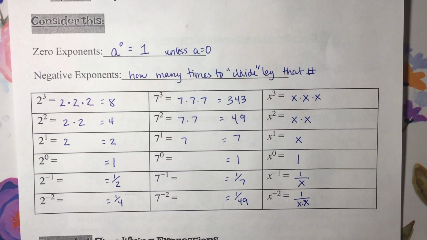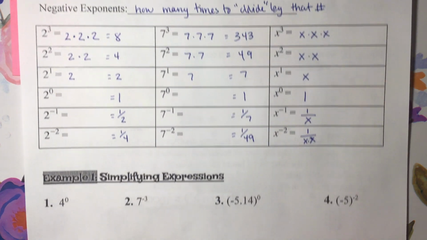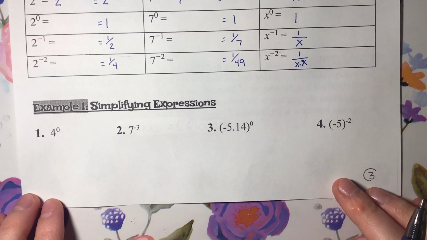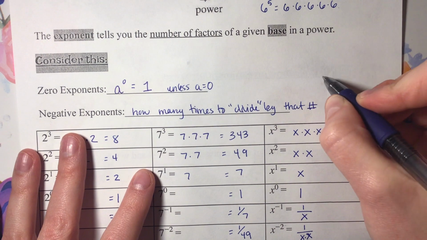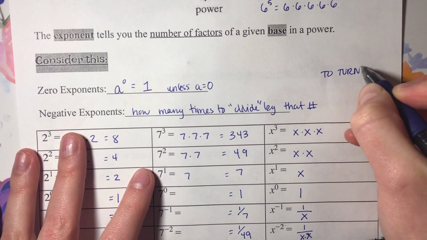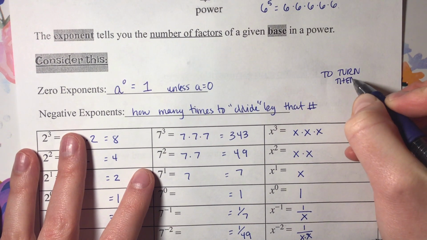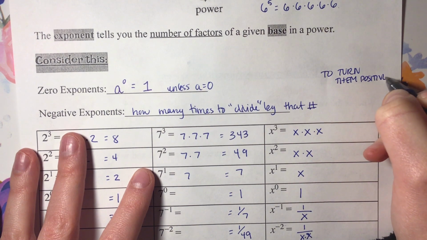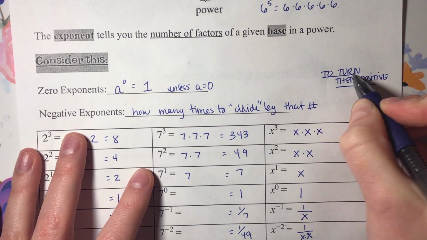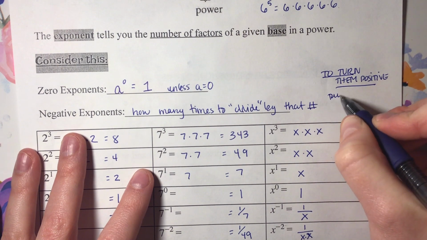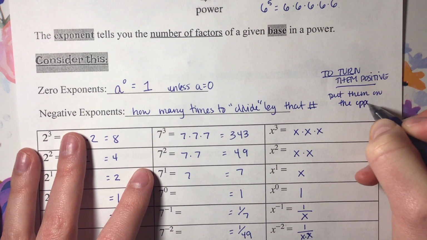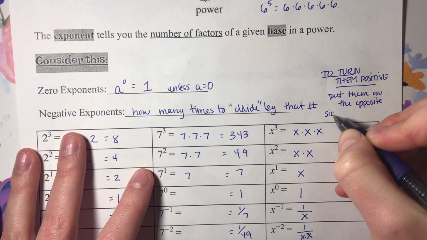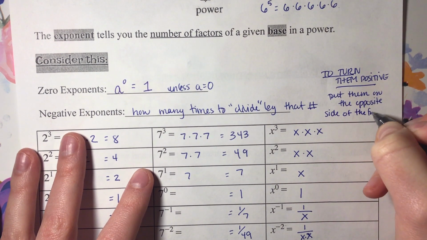Okay, so let's do a couple of examples so you can see this in action. Simplifying expressions. Oh, I'll also say this. Negative exponents, to turn them positive, I almost forgot: put them on the opposite side of the fraction.